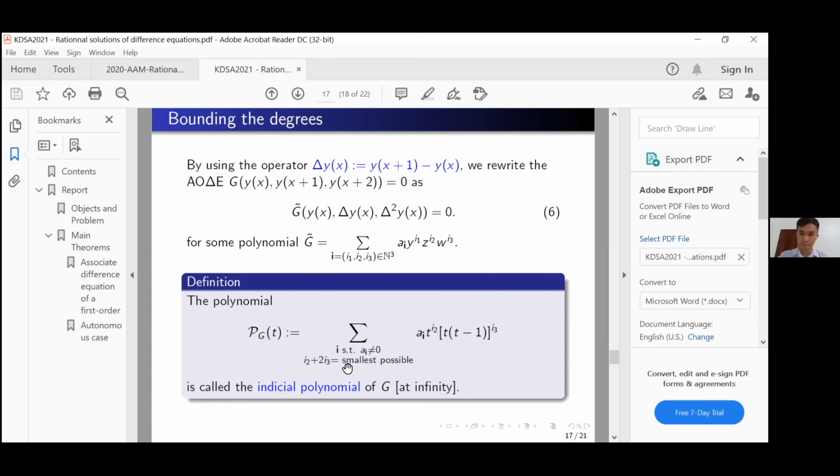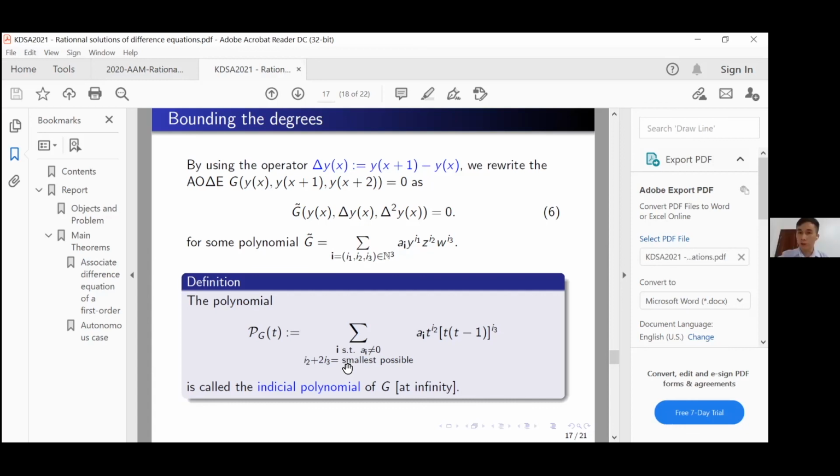No, I'm asking. Say once you get the degree bound for your polynomial solution or your rational solution, then we do symbolic computations. I'm just asking, while doing those symbolic computations, do we always have to use Gröbner basis, or is there any other method for finding the indeterminates, I mean, the coefficients of the polynomial solution?